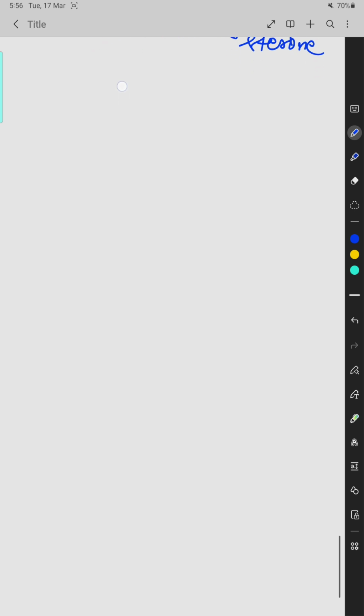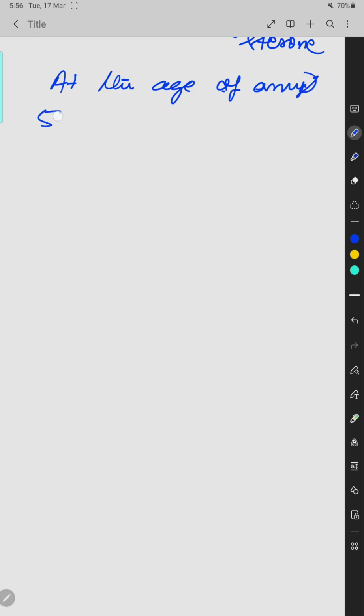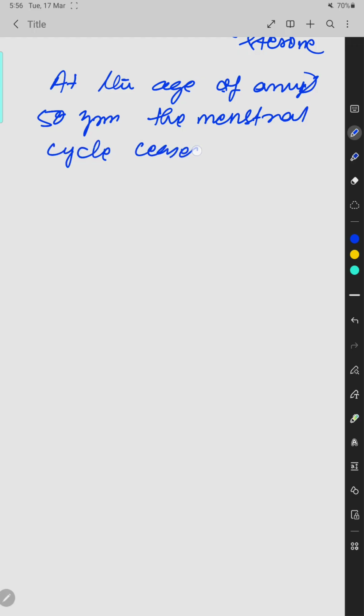Now at the age of around 50 or 55, the menstrual cycle ceases, and this is called menopause.